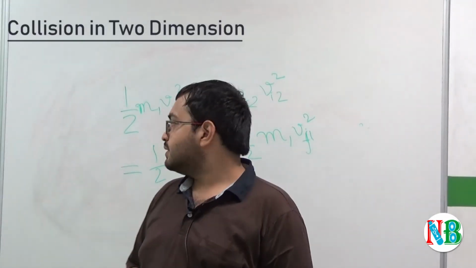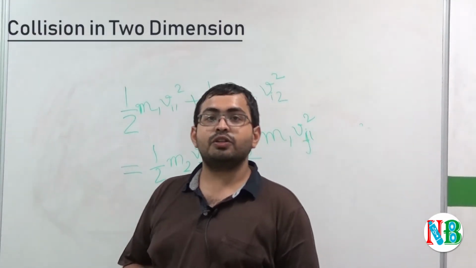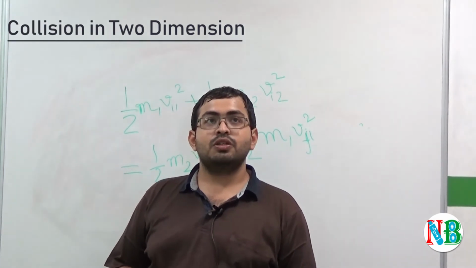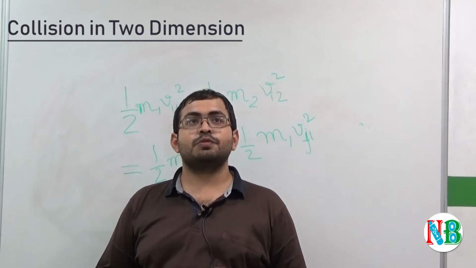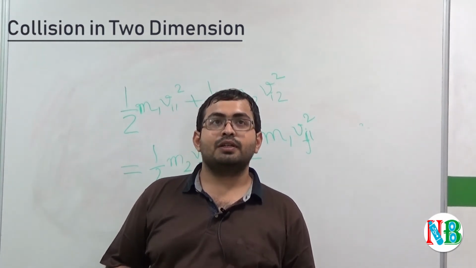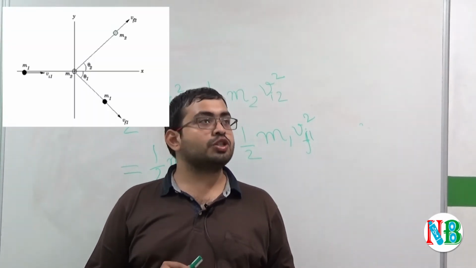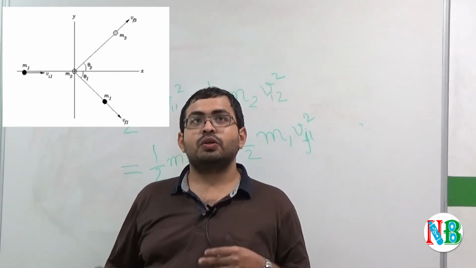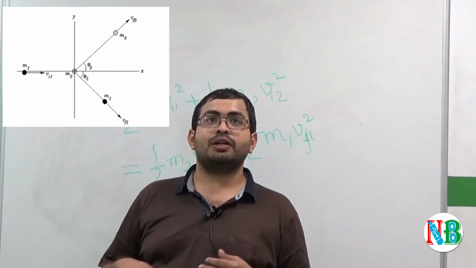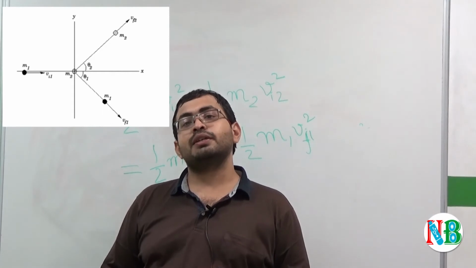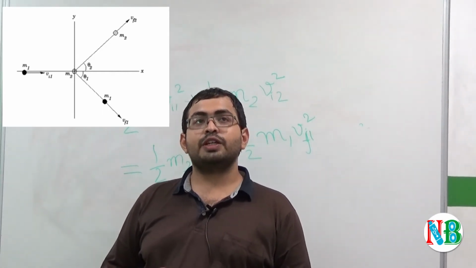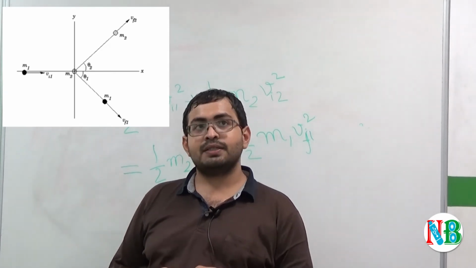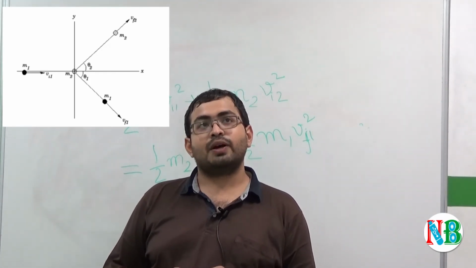The next part is collision in two dimensions. So, consider the x component of this system's total momentum. Before the collision, the total x momentum will be simply m1 vi1, since the second object is initially stationary and the first object is moving initially along the x axis with a speed of vi1.